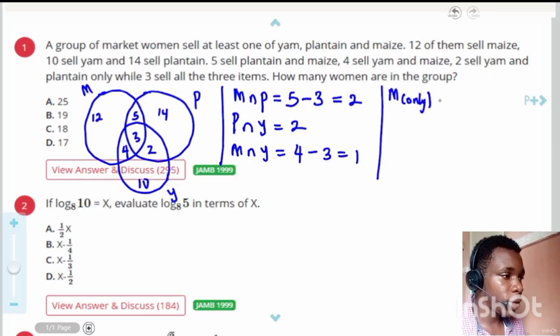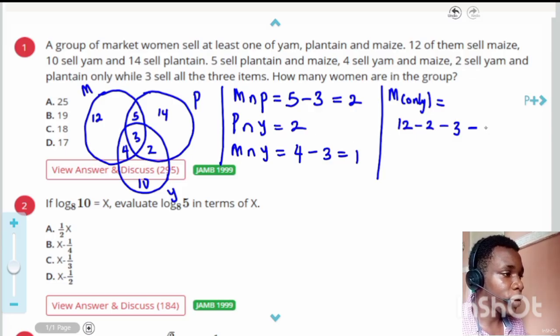All right. With this recent information we've obtained, we can just say, okay, 12 women was listed as people that sold maize only. And then we can take away the number of persons that sold maize and plantain, which we found out is two, and also we take away the number of persons that sold the three items, which is three, and then we can also take away the number of persons that sold maize and yam, everything pertaining to maize.